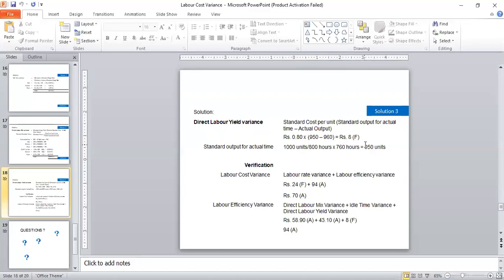That brings us rupees 8 favorable variance. Standard output for actual time we have already taken.